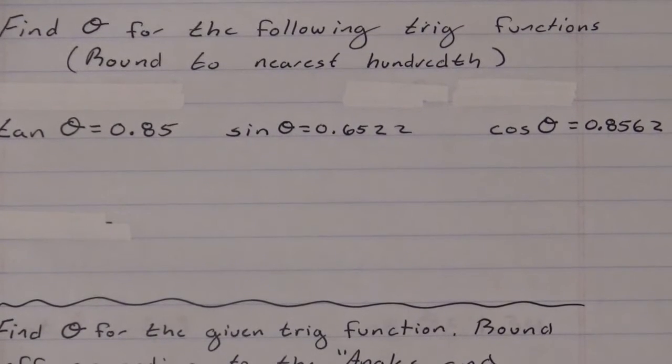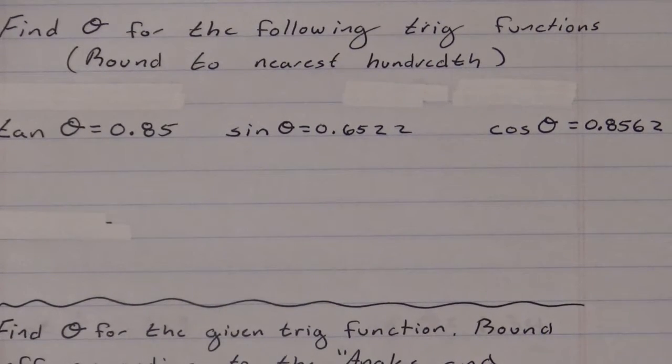Alright, so far we've been able to find the trig function, and we're able to take the degree and find whatever tan of that degree is, etc., and get some numbers. However, we can actually work backwards.